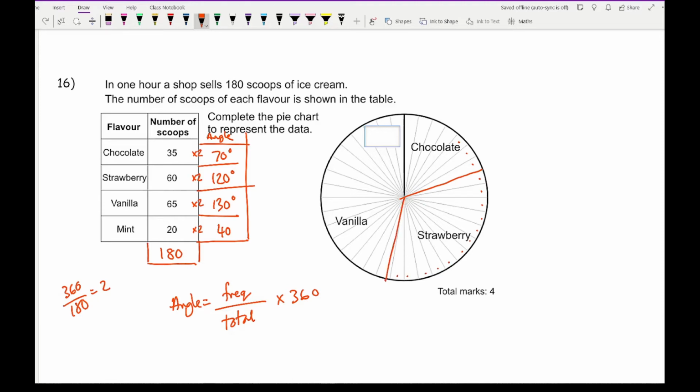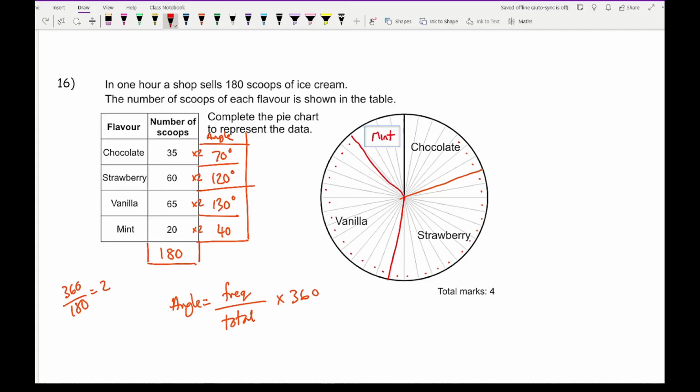Then for vanilla, let's make that a little bit more accurate. I should be using a ruler. Then for vanilla, it's going to be 13. And then for mint, it should be 4. And I just write mint there.